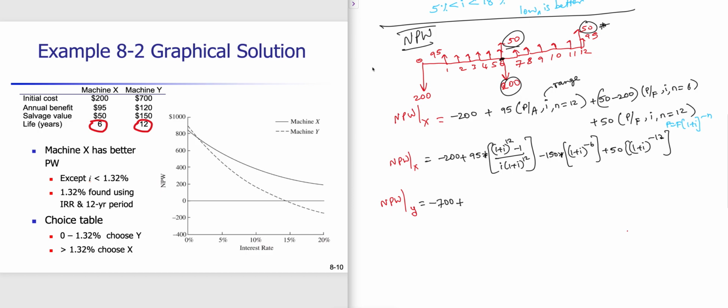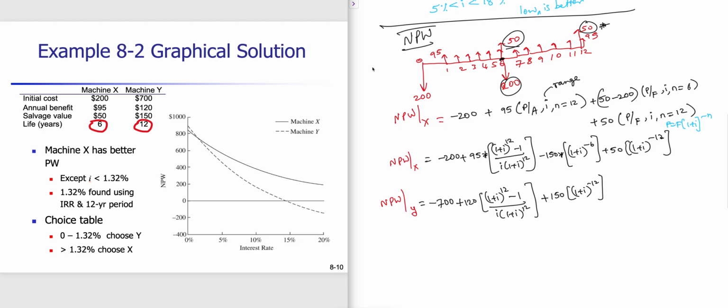Annually, we get 120, and we get that for 12 years: 1 plus I to the power of 12 minus 1 over I times 1 plus I to the power of 12. Salvage value at the end, so that means it's positive, we're getting positive 150 at the end of the 12th year, so 1 plus I to the power of negative 12. That's it.